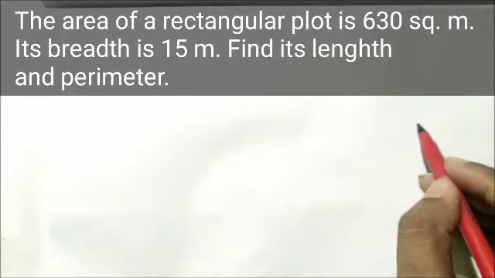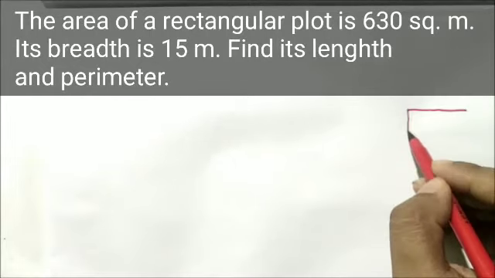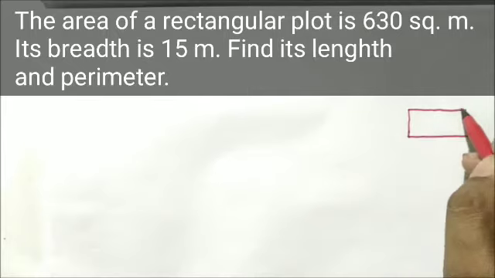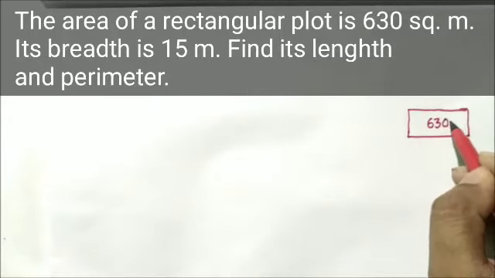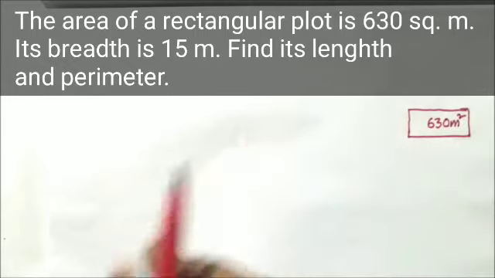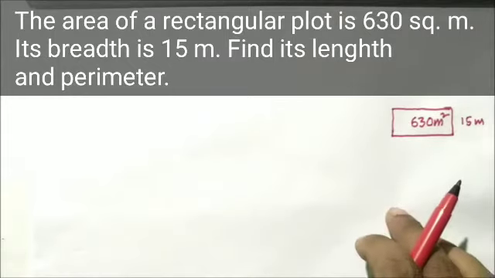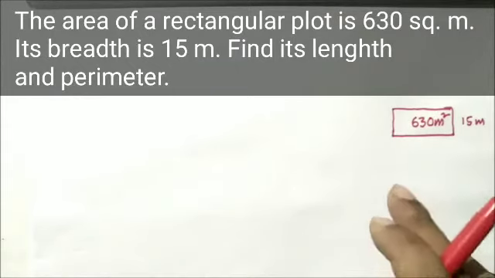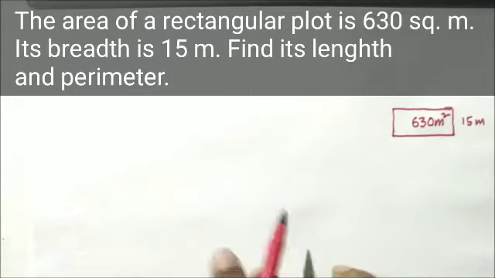Suppose this is the rectangular plot, and its area is 630 square meter. Its breadth is 15 meter. The breadth is given. Find its length and perimeter.